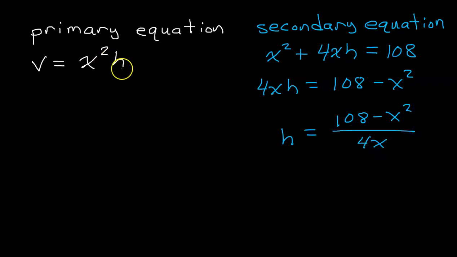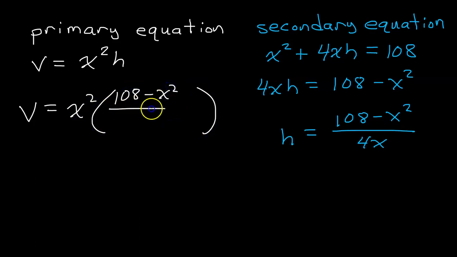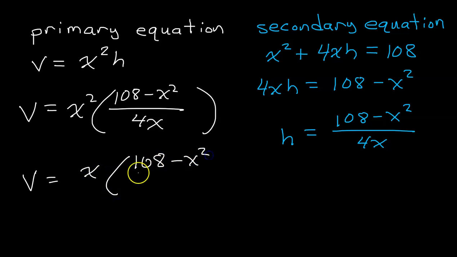Now let's make the substitution into the primary equation, and this will become V equals x squared times (108 minus x squared) over 4x. Notice that the x in the denominator will cancel out one of these x's, so that will leave us with x times (108 minus x squared) over 4.